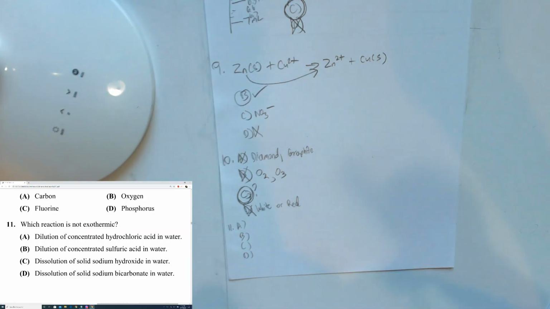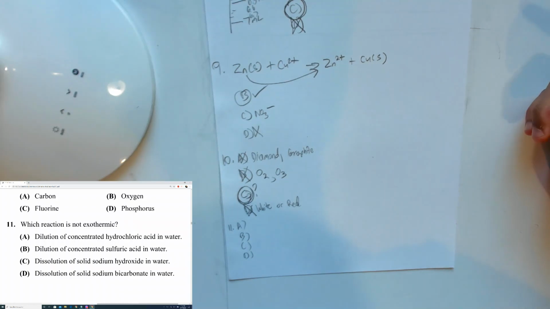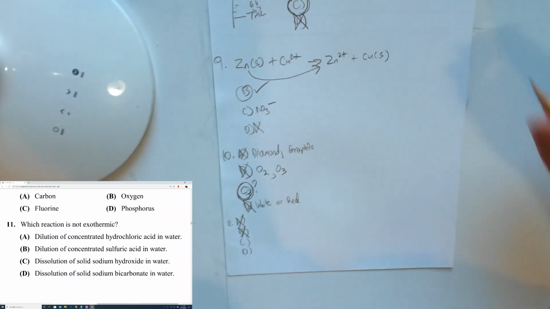The dilution of acids in water is always exothermic. Remember like teachers always tell you, always add acid to water? Don't add water to acids because it has a very exothermic reaction. So using that knowledge, you can easily cross out A and B.